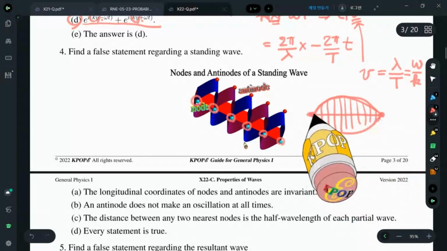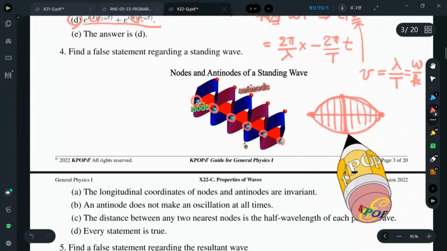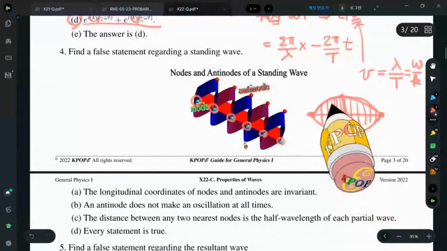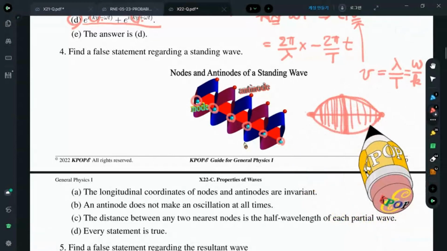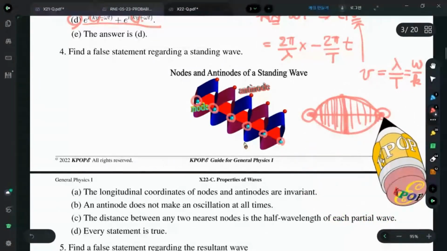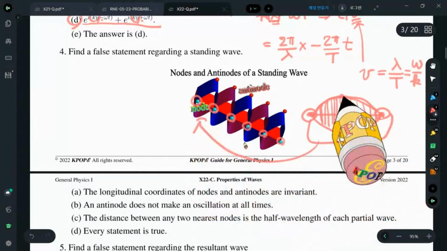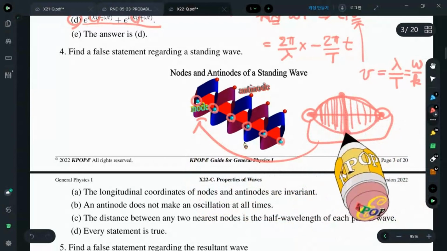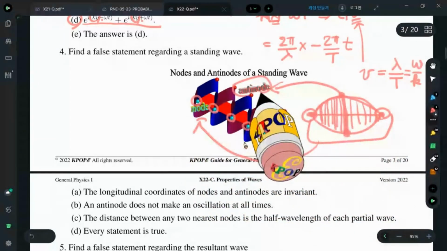These two endpoints are fixed, and the middle point has the maximum amplitude. So this kind of wave is called a standing wave. We call the fixed point that does not oscillate a node, and the maximum oscillation appears at the antinode.